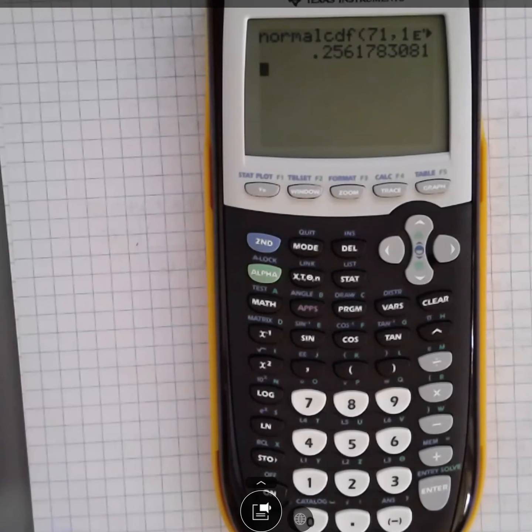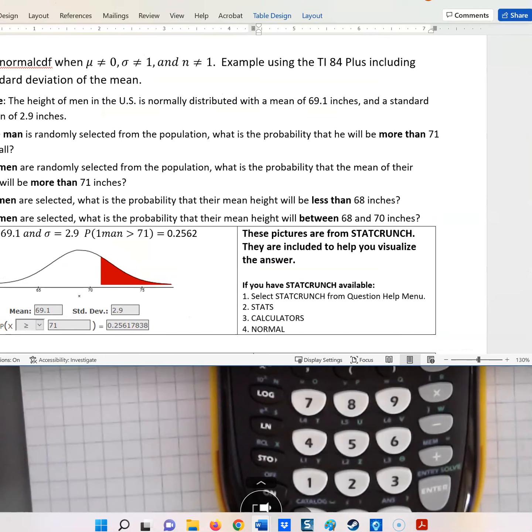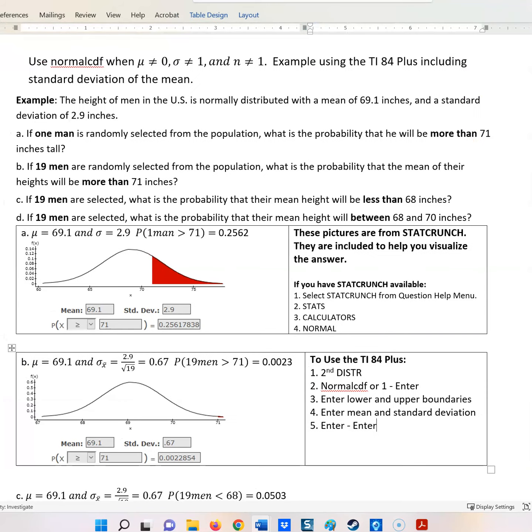So that's different than if we were asking about more than one person. So let's see how that looks. If I come back and look at our example again, the second part says if 19 men are randomly selected from the population, what's the probability that the mean of their heights will be more than 71 inches? So this is really the point of this video, to show you the difference here.